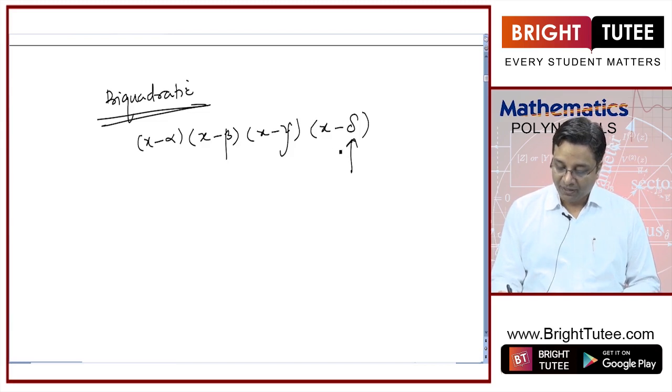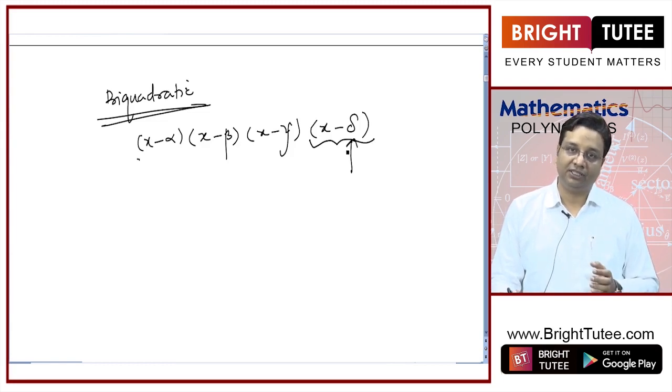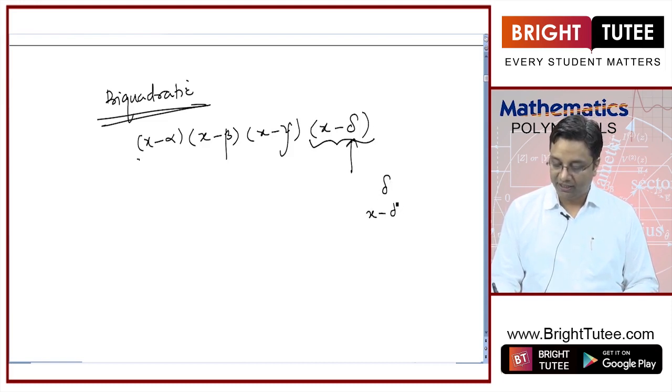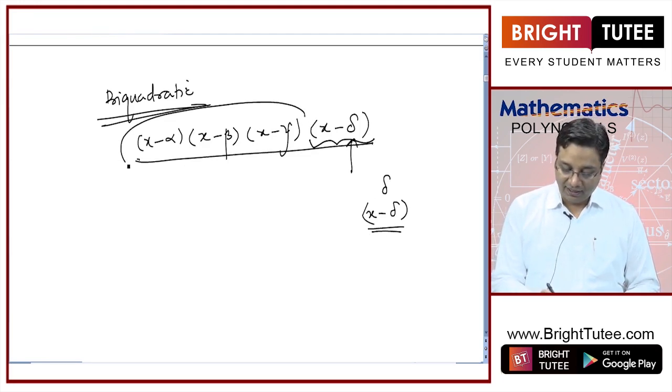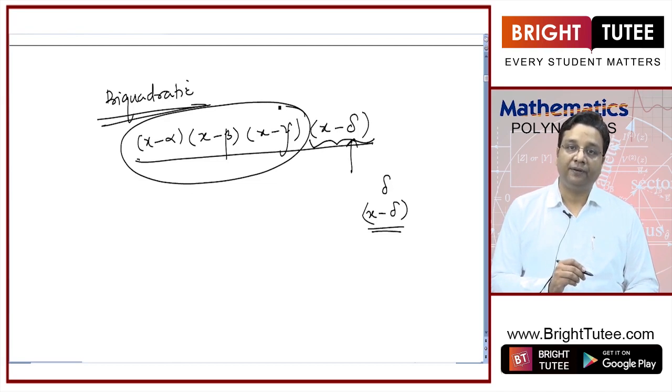What we will do is divide the biquadratic by the given factor. If a zero is given, I can easily find the factor. Let us say it is given that delta is a zero. So I can say that x minus delta is a factor. Then I will divide the polynomial by that factor and get the rest of the polynomial as a quotient, and then I can factorize this to find the remaining zeros.